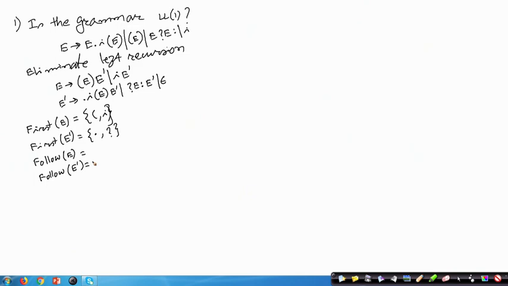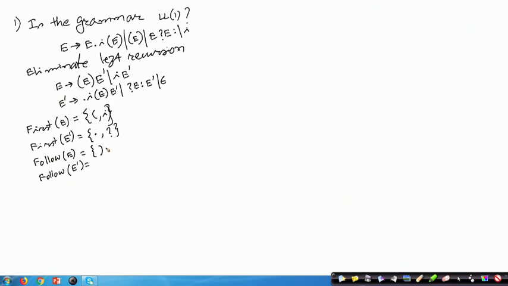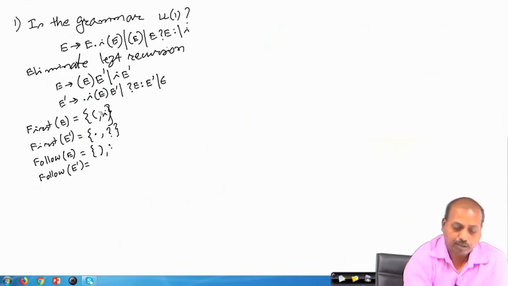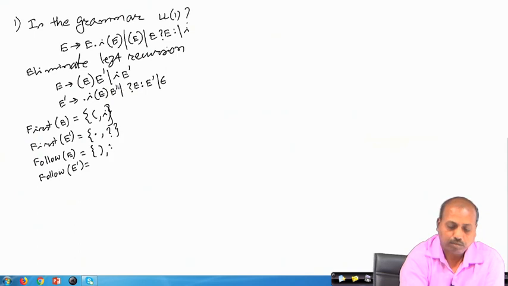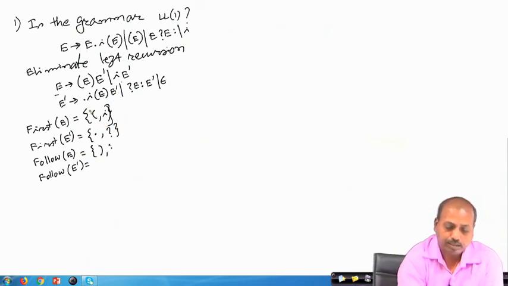Follow of E: if you look into the grammar, we have this close parenthesis, because in this rule after E you get a close parenthesis, and also in this rule the colon can come after E. Then whatever is in first of E dash is in follow of E. If you look at the rule E producing I E dash, whatever is in follow of E will be in follow of E dash, so follow of E dash will be equal to follow of E.